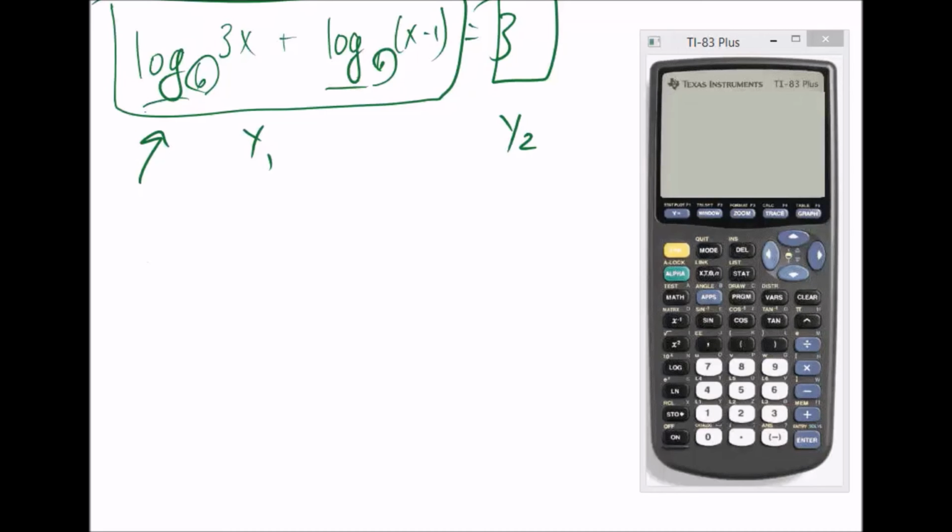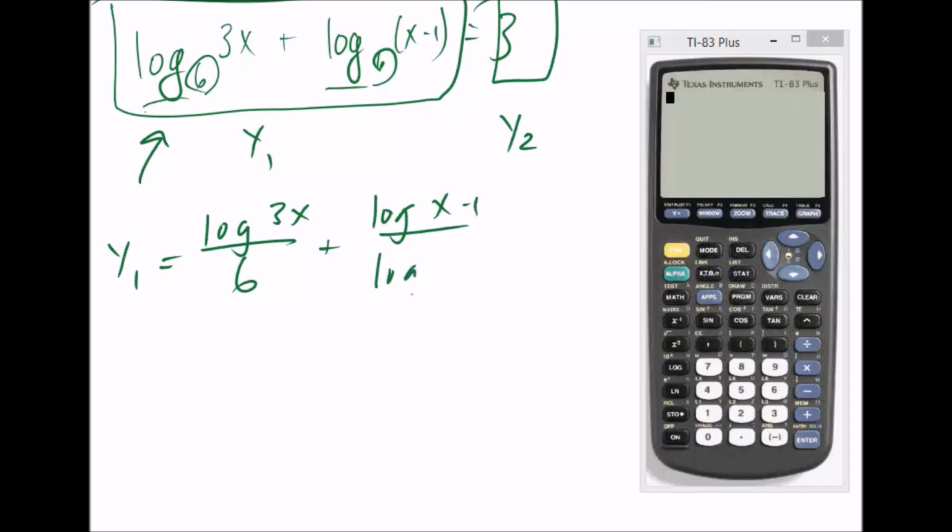So what it's actually going to look like when you plug it in is y1 equals log 3x over log 6 plus log of x minus 1 over log 6. That's how you use the change of base equation on both of those. That's going to be what you plug into y1.